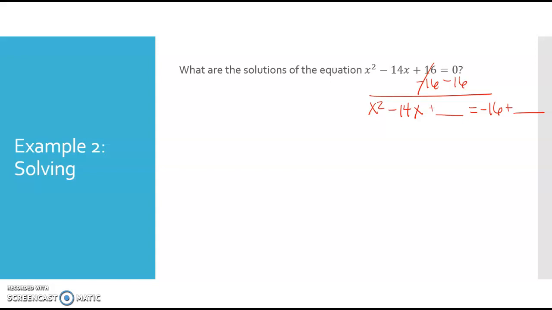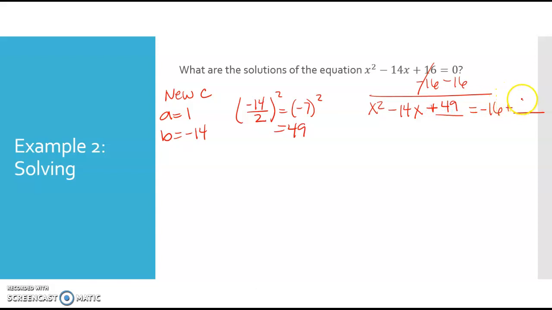As long as I leave that open space there, I know I'm going to fill it in. And then off to the side, I find my new c. So I know that a equals 1 and b equals a negative 14. So I'm going to do negative 14 divided by 2 squared, which gives me a negative 7 squared, which equals 49. So I know that I'm going to put a plus 49, and if I add 49 on this side, then I add 49 on this side.